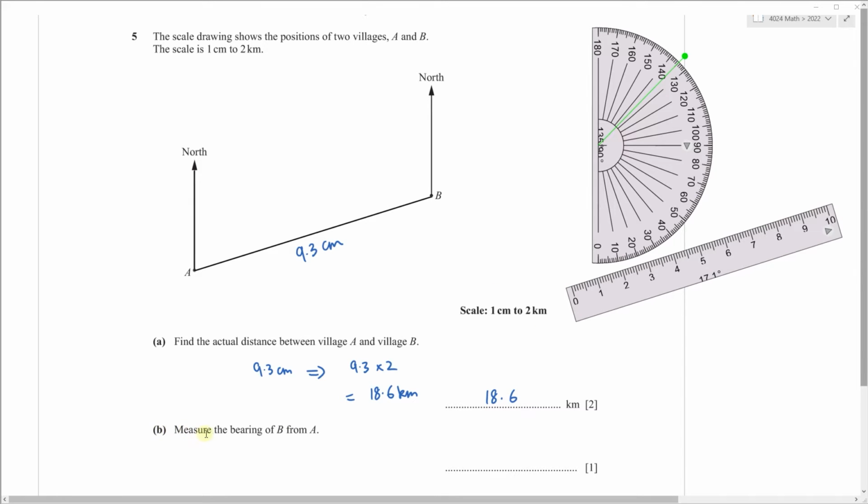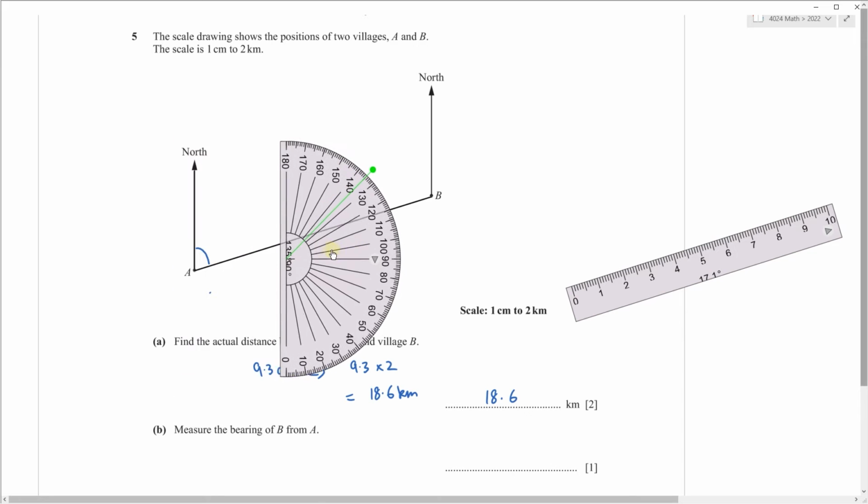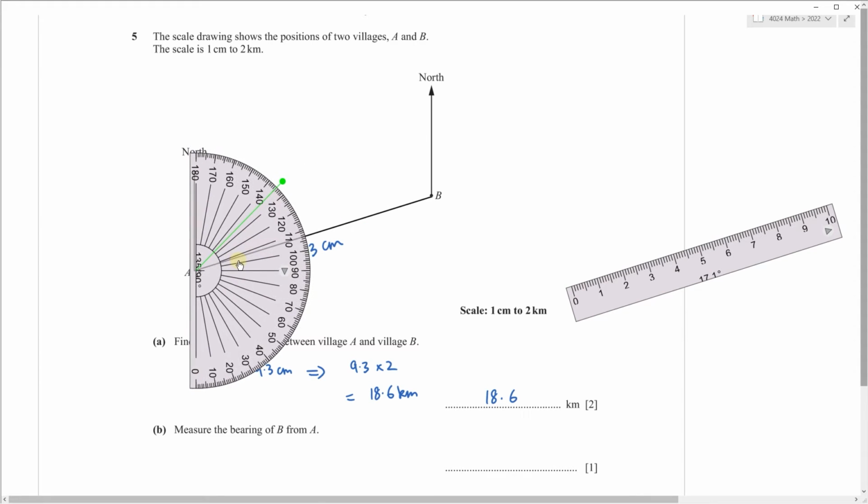Part B is measure the bearing of B from A. So to measure the bearing of B from A, I need to measure this angle here. So this is from the north of A up till B. So I'll use my protractor here, center it at point A, like this. And so this is 180.